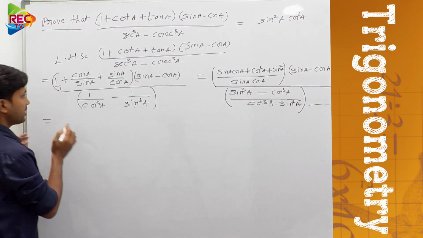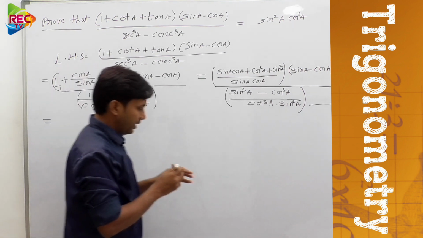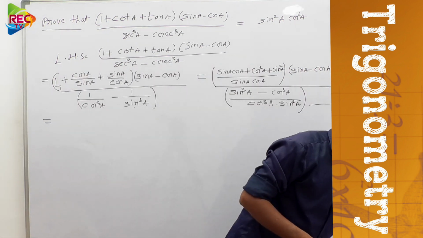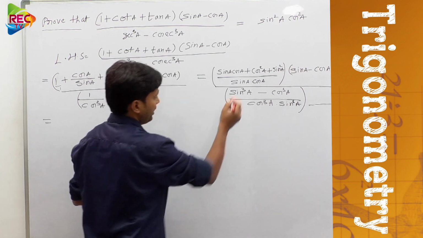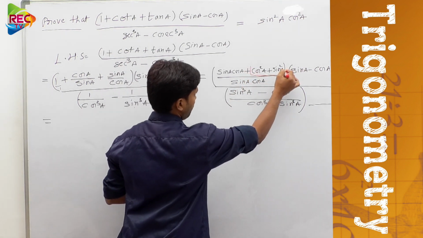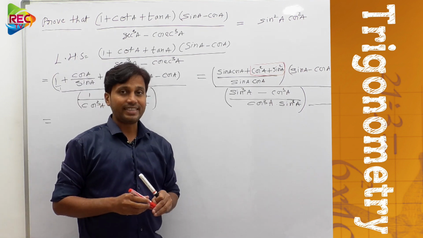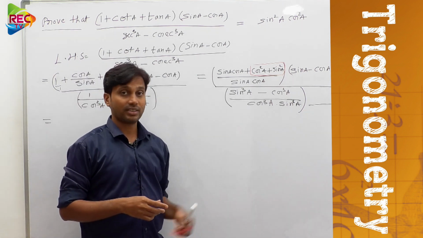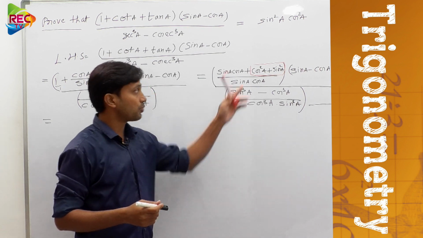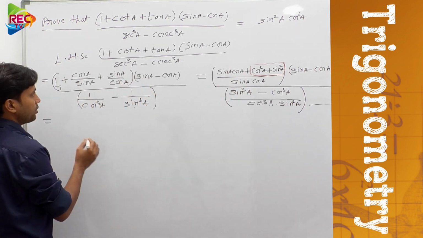Just let me write here. Before that, I need to tell you one more thing. Here we need to identify this term. See what we obtained here: cos square A plus sin square A. Is it an identity or not? Then what is the value of that? Is it 1 or not? Exactly, it's 1. So I am substituting here.